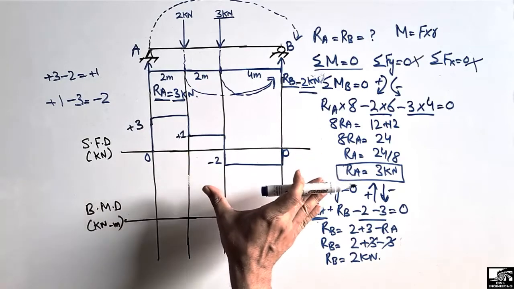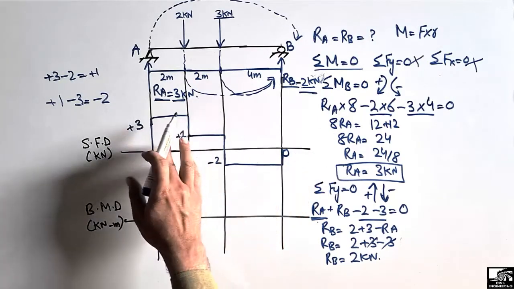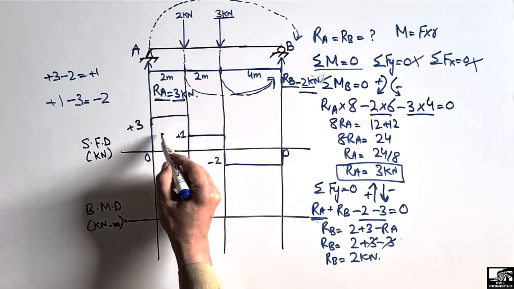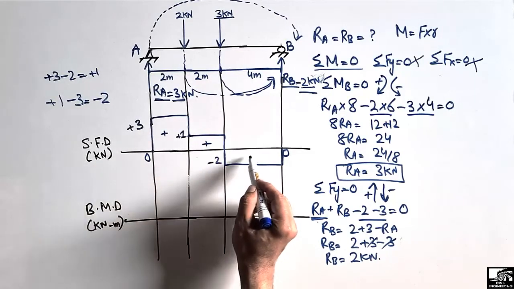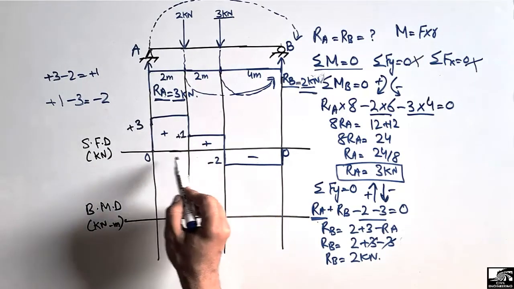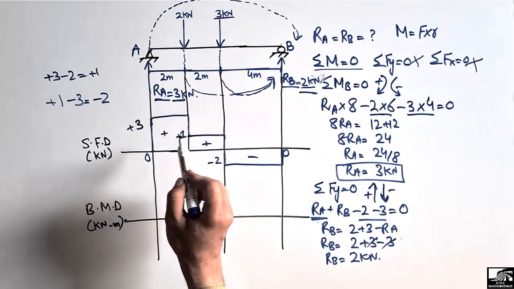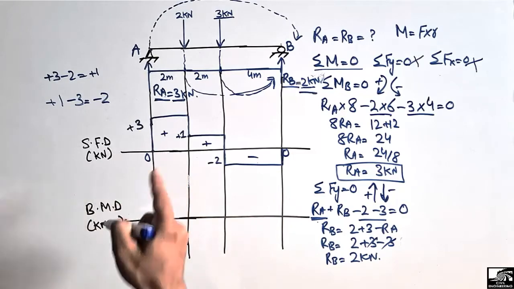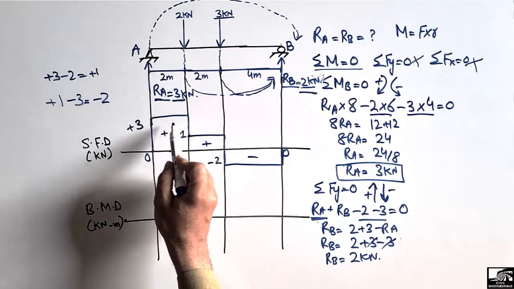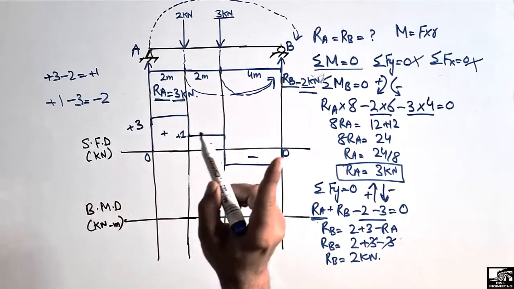Now to draw the bending moment diagram, we will take help from these shear boxes. This is a plus shear box, this is a plus shear box, and this is a minus shear box, because this is acting below the reference line, so it is taken as minus, while these are acting above the reference line, so they are taken as positive. Now we will find the area of these shear boxes to find out the bending moment.